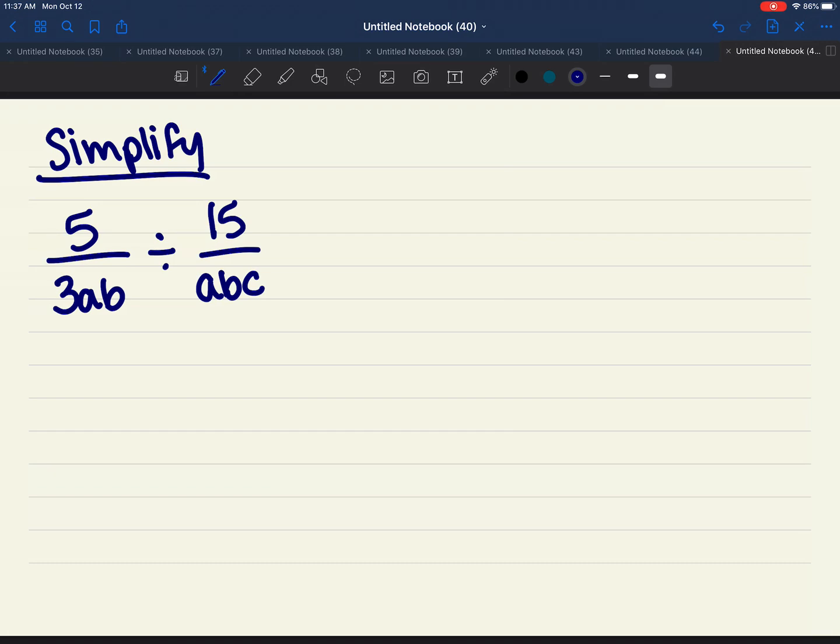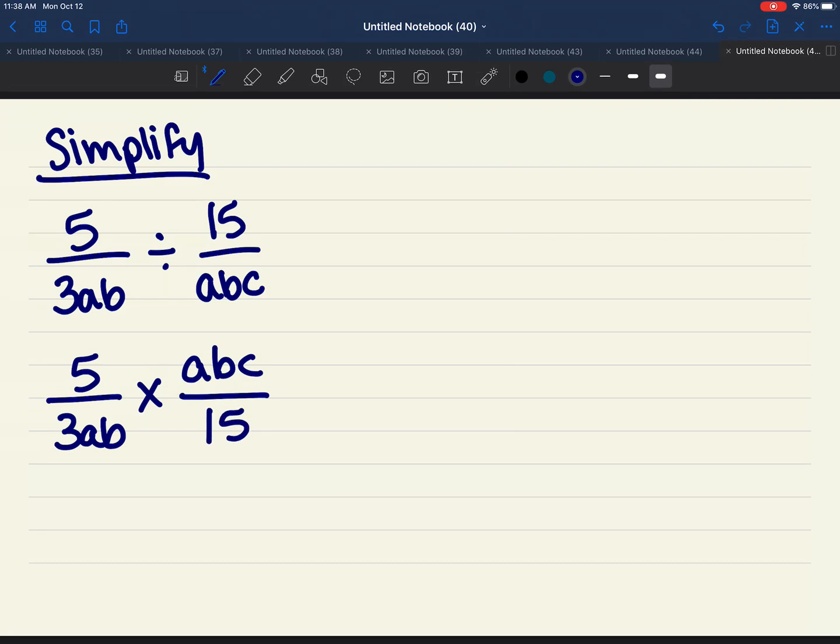Do I already have 2 fractions? Yes. So what should be my first step? We did it on all the other ones. What are you keeping? 5 over 3ab. Change to multiplication, flip: abc over 15.